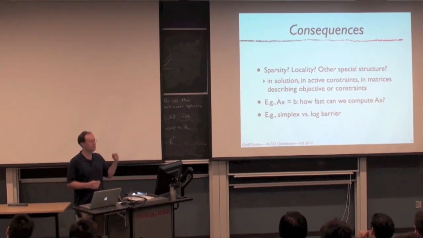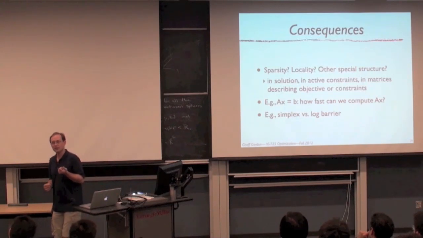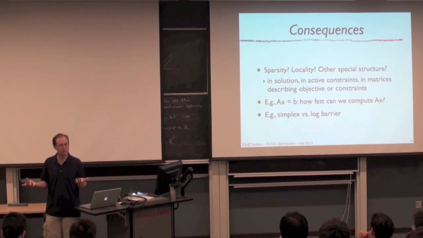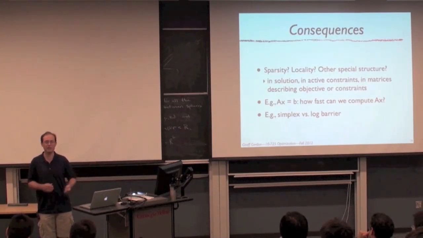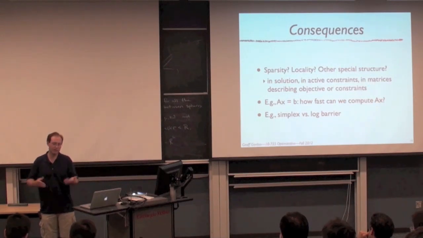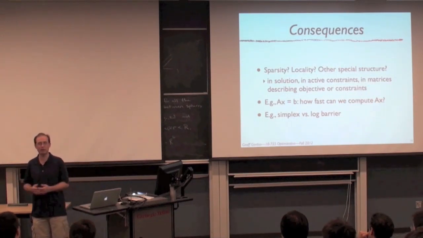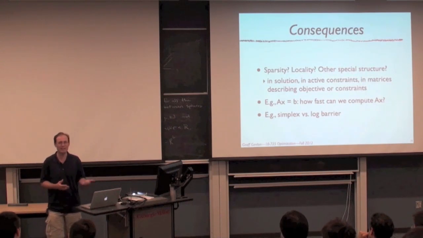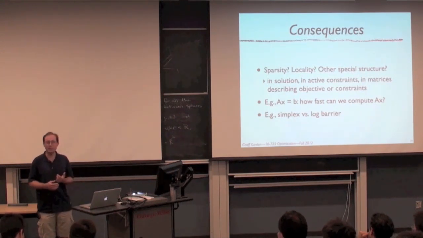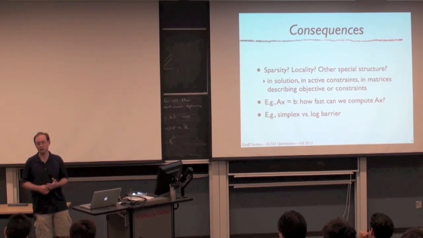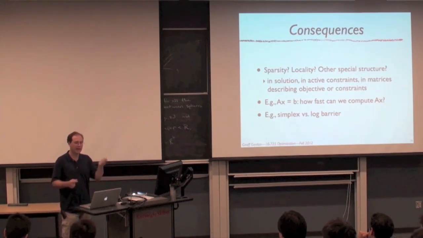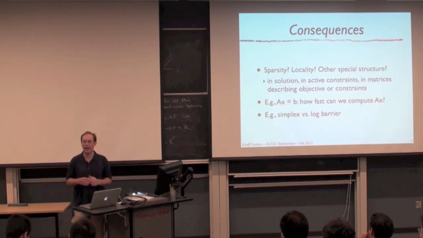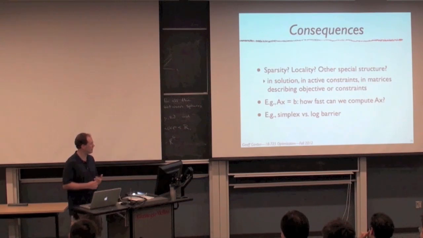So for example, if I can compute A times X quickly, even if A doesn't have any other special structure. Right? I can do that, for example, if A is sparse, but I might just have somebody hand me a piece of C++ code for computing A times X. That might actually be enough to enable me to apply certain algorithms. Versus if I have actual access to the entries of A, that would enable a different set of algorithms.